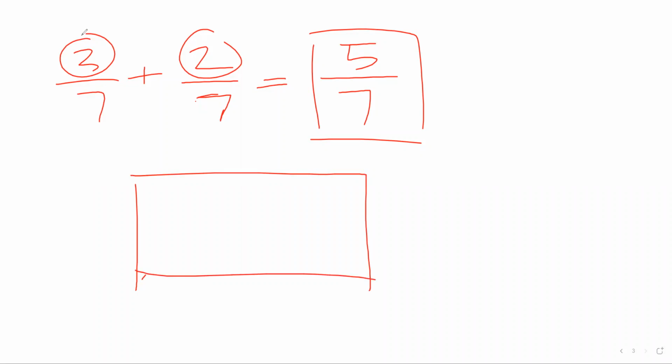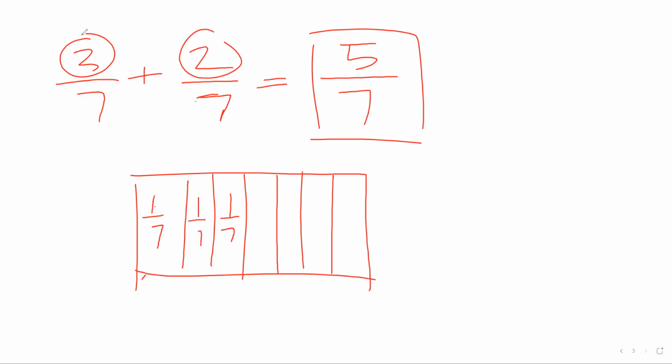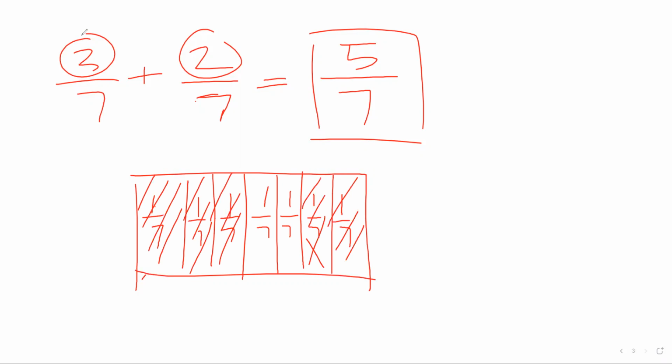It's driving me crazy. So there's 7. And again, I was hoping they'd be equal, but these aren't really equal. And I have 3 of them, and then I have 2 of them. Together, that makes 5 out of 7. Sorry, that was a really long, crazy explanation for something you already knew.